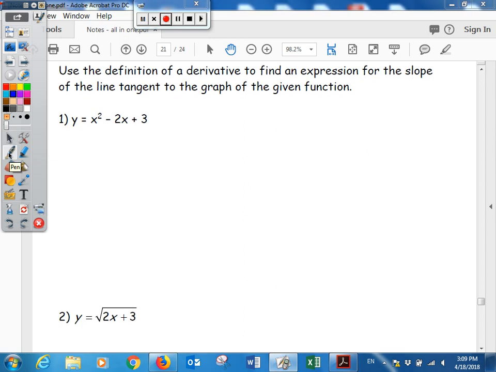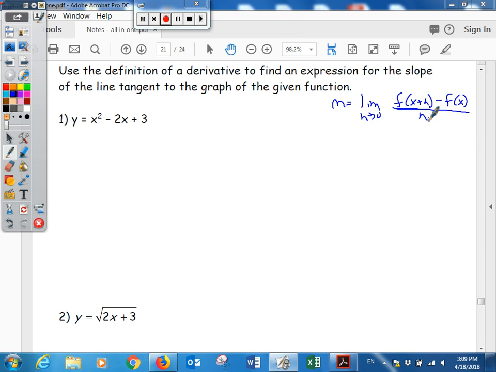Okay, so on these first several problems, what we're doing is using that definition of a derivative formula. So we need to write it down. The slope is equal to the limit as h approaches 0 of f of x plus h minus f of x all over h.